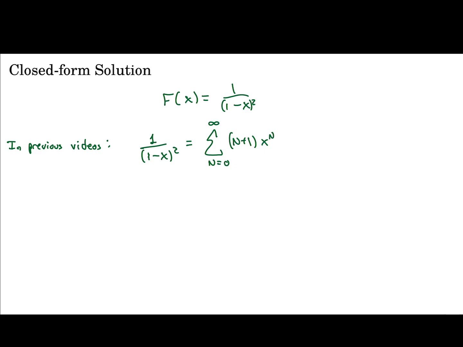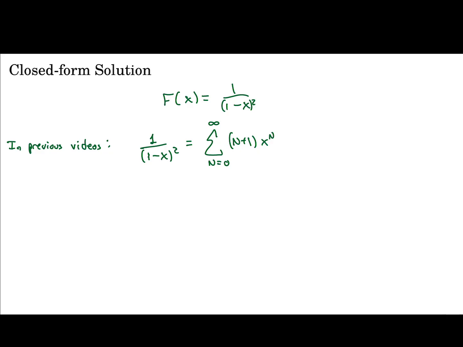So we showed this in two previous videos. We showed it by doing convolution, and then there's another video where we showed it by taking the derivative of a generating function. So you can go and take a look at that.